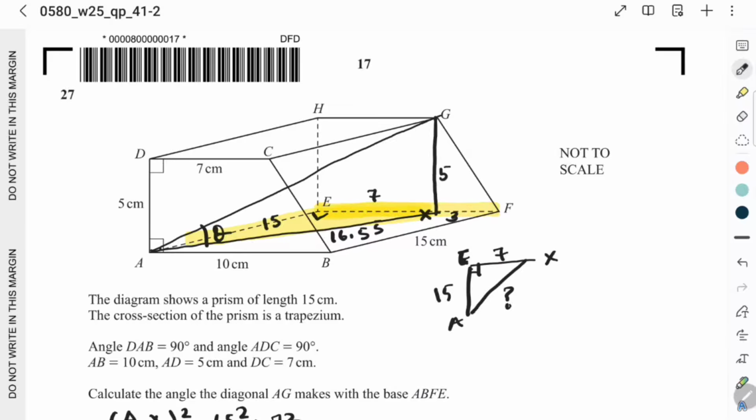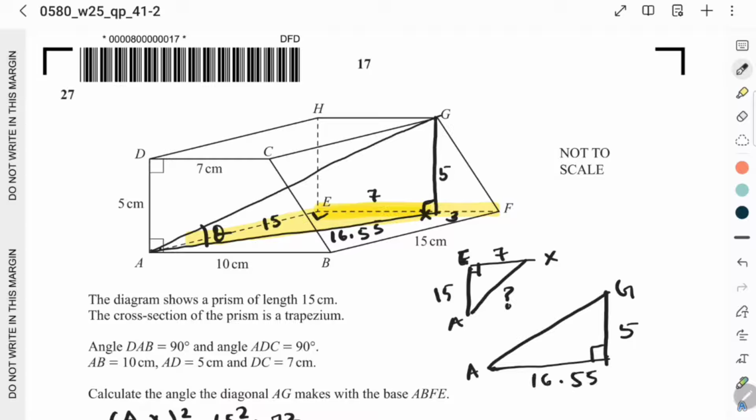Now what are we going to do? We are finding out the angle the AG line makes with the base. So this is again a 90 degree angle over there. The values we are using right now are 5 and 16.55.